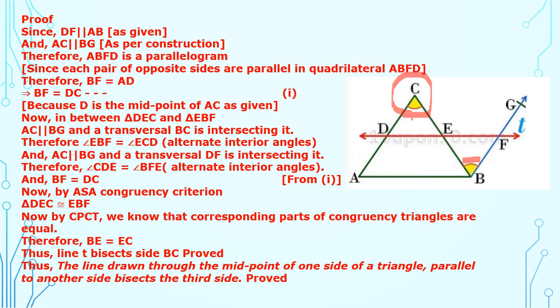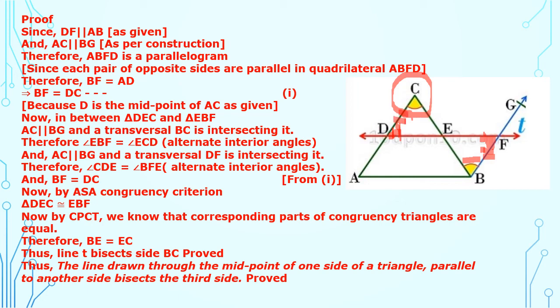And then CDE is equal to this one. CDE is equal to BFE, this one. This is also alternate interior angles. So there are two pairs of alternate interior angles. And BF is equal to DC.